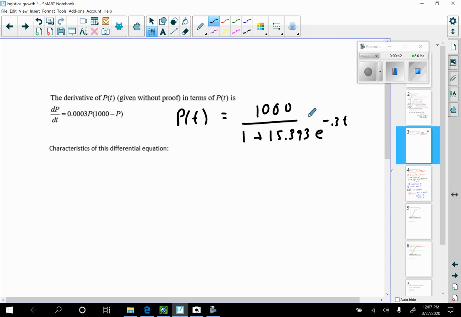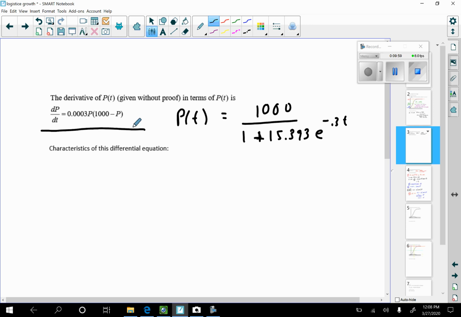And you could, if you want to, go and find the derivative of that. But I'm going to just talk about the derivative, and this is given without proof. This is my population model, and this is the guy that we want to talk about, this differential equation.